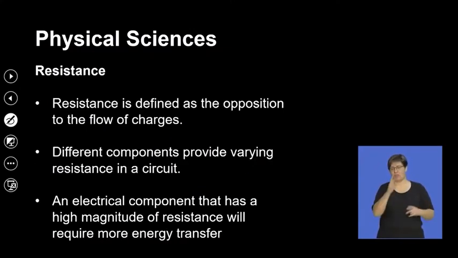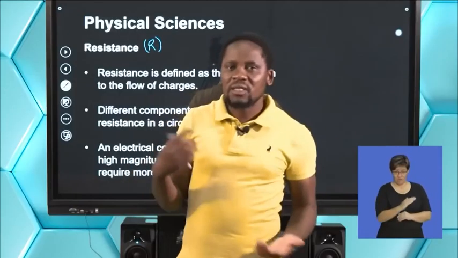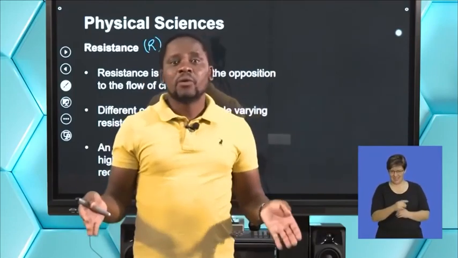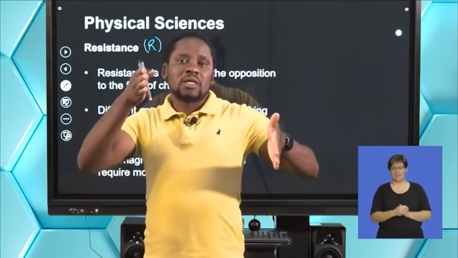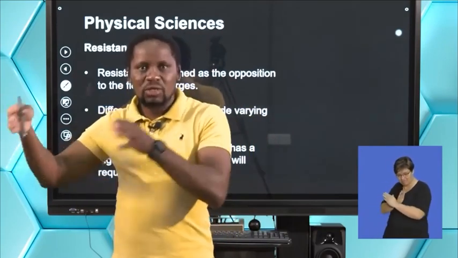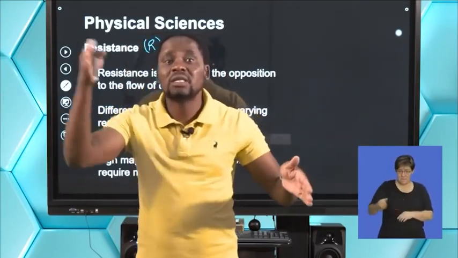Now let's look at resistance as a concept. The symbol for resistance is capital letter R. Resistance is defined as the opposition to the flow of charges. Flow of charges is something we are all too familiar with at this point. A resistor offers resistance to current, so the flowing charge is actually the current.